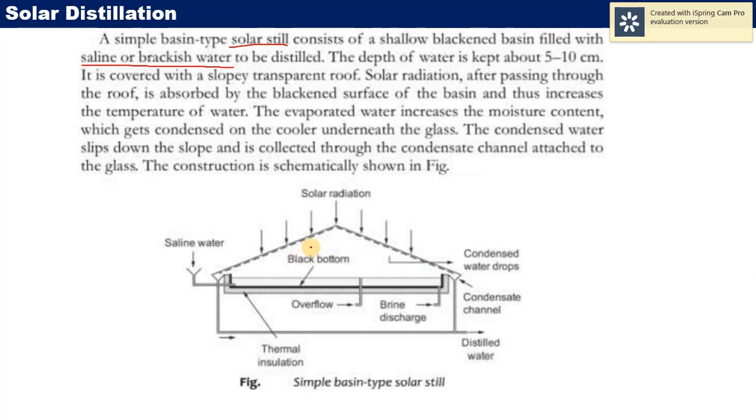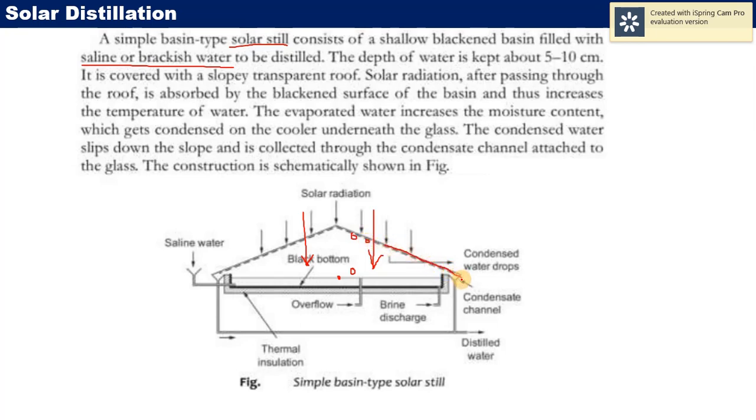It consists of glass covers, and at the bottom we have the entry for the saline water. When the solar radiation is incident through the glass cover, it evaporates the saline water, and because of the evaporation, water droplets are formed, which are collected on the glass plate and get condensed.